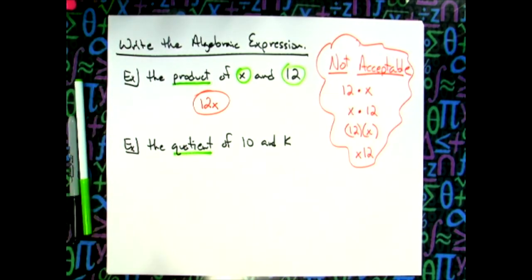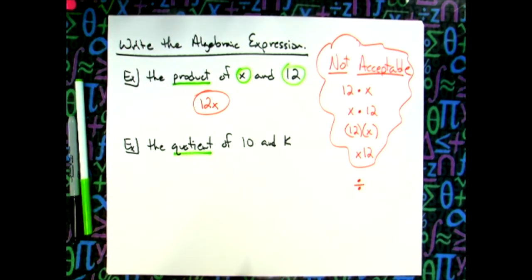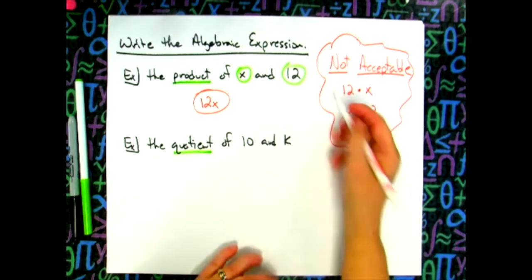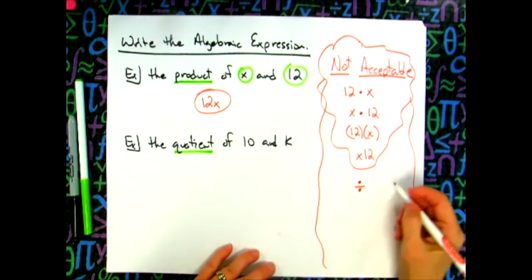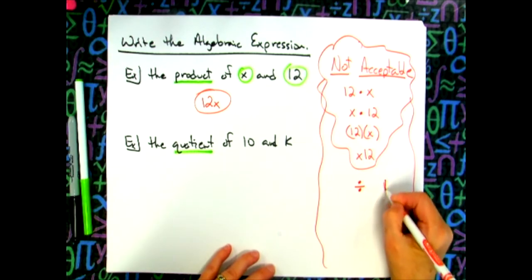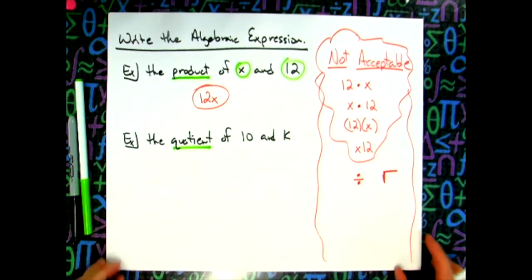But not acceptable. You may not use that old-fashioned divide by sign. This is in the not acceptable category. You may not use a long division bar. All quotients are going to be written as fractions.